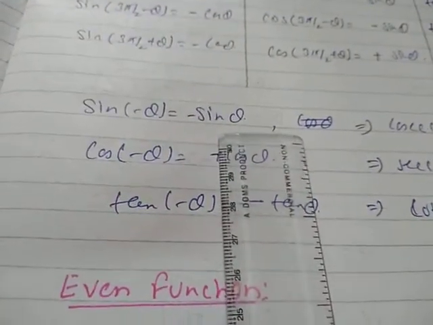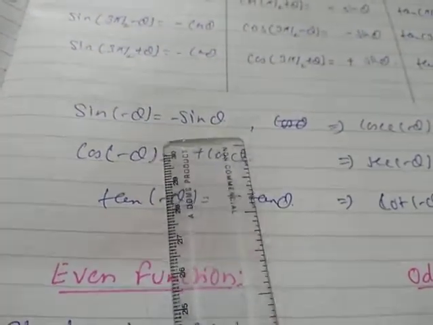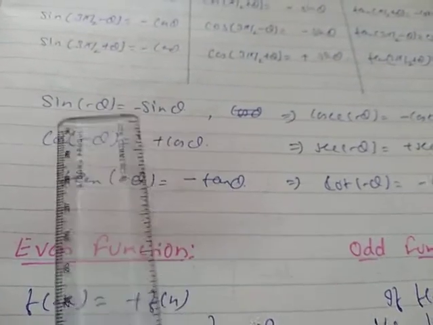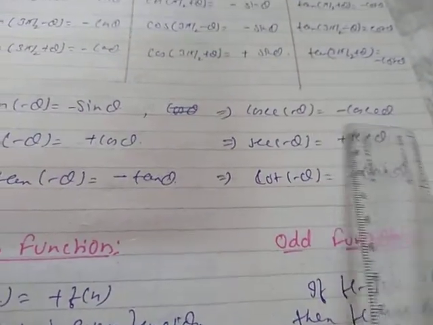Clear? Now, what about the sign of minus theta? Minus theta, as I already told you, lies in fourth quadrant. Sin of minus theta is minus sin theta. Similarly, if sin of minus theta is minus sin theta, then definitely cosec of minus theta is also minus cosec theta.